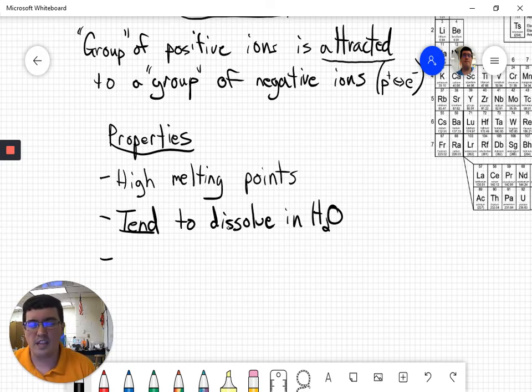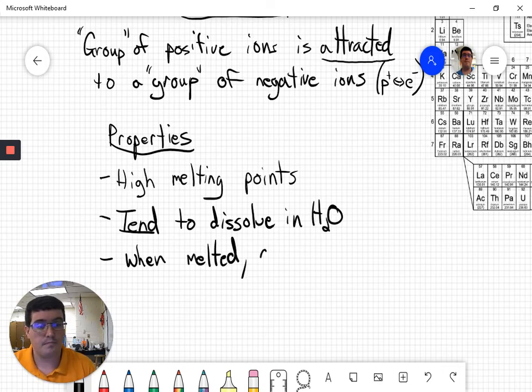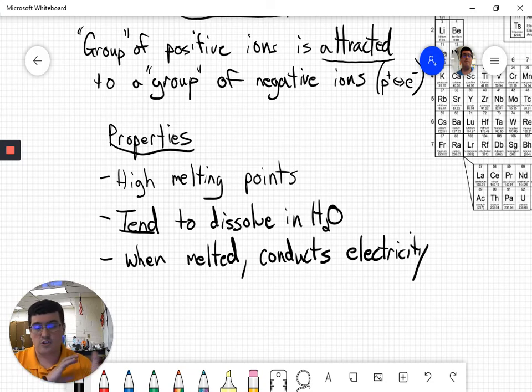But another weird thing about them is if you get an ionic compound melted, when it is melted, it conducts electricity. And that's because these ions, right, can transfer electrons all the way down through them. So it kind of behaves like a metal in that sense, that it then becomes conductive of electricity.